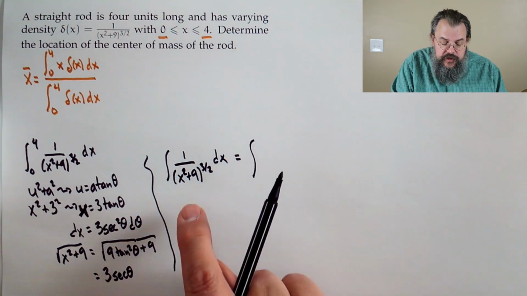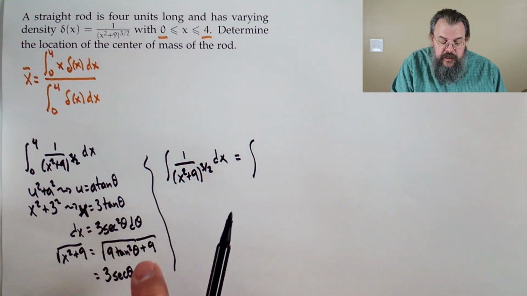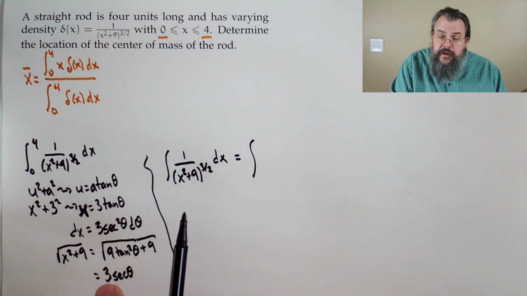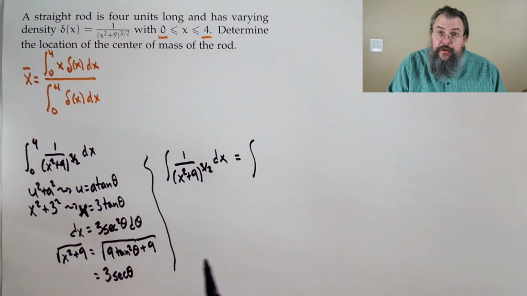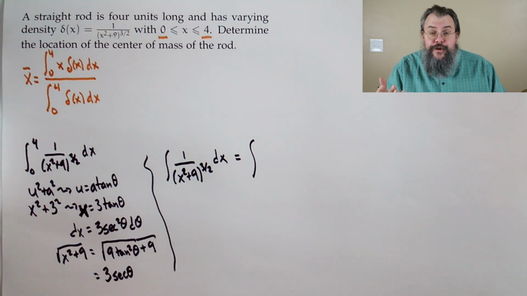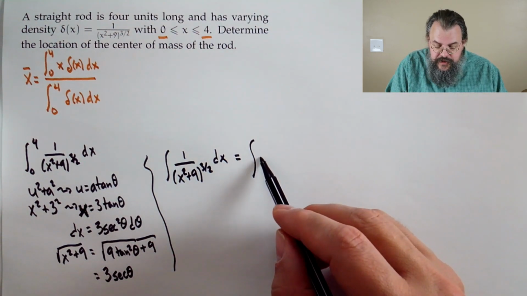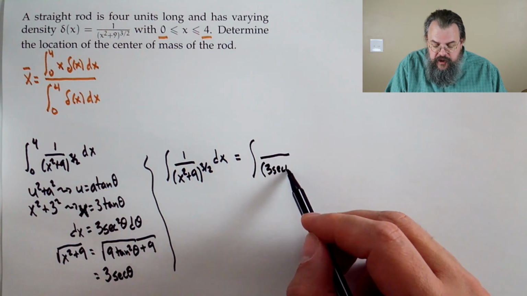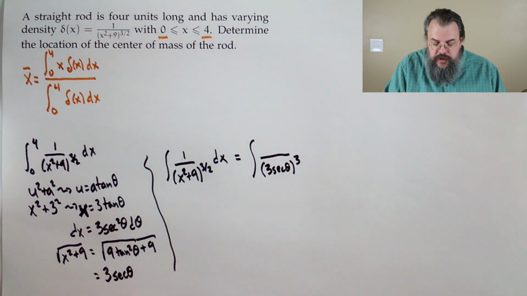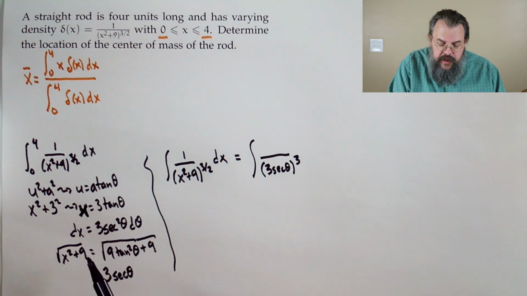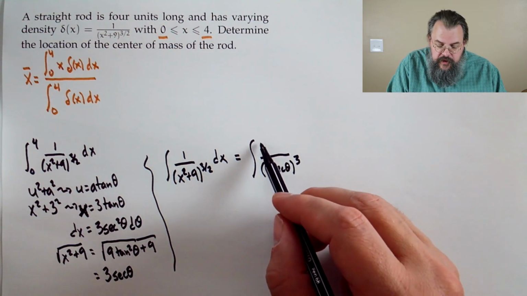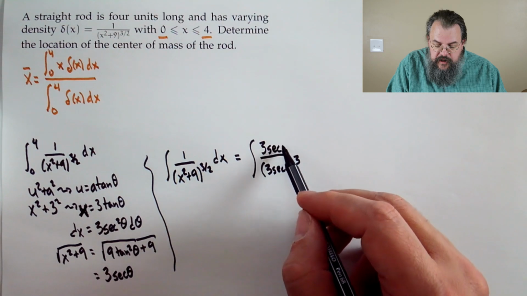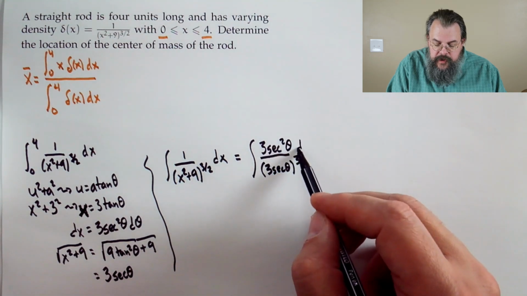Well, downstairs, x squared plus 9 to the 3/2 is the same as the square root of x squared plus 9 cubed. So that would become 3 secant theta cubed. On the other hand, dx is 3 secant squared theta d theta.